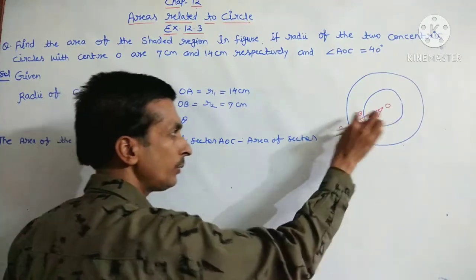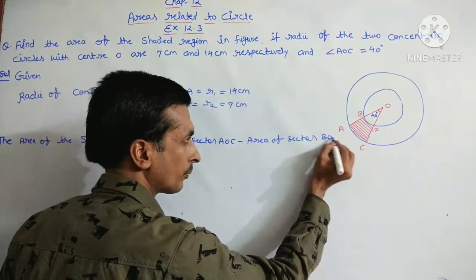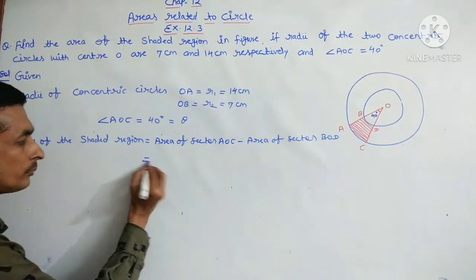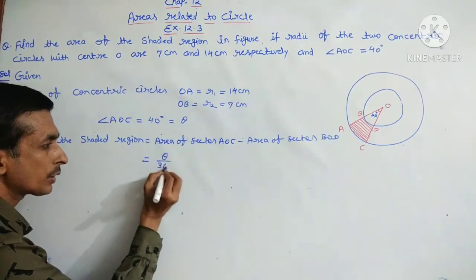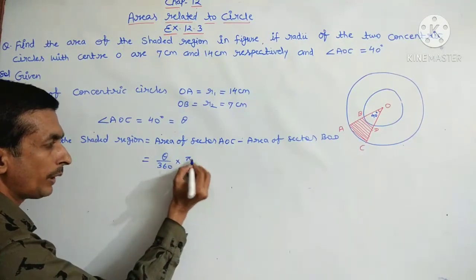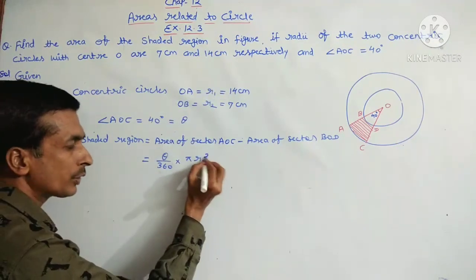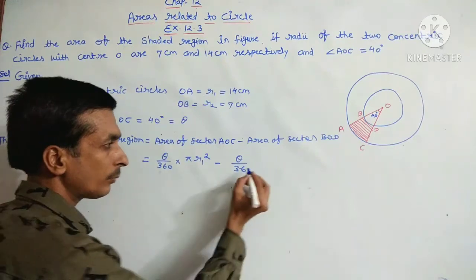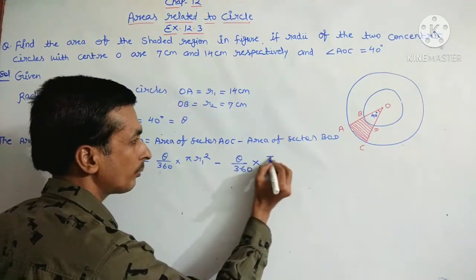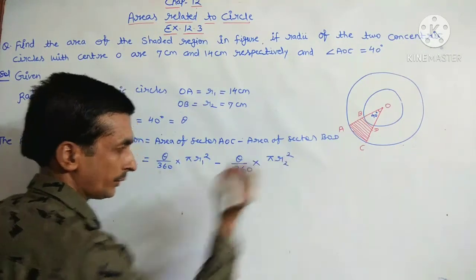The bigger one is AOC, minus the area of the smaller sector, this one, BOD. Put the formula: theta upon 360 times pi r square. The first radius is R1, so pi R1 square. Here it is a minus sign, minus theta upon 360 times pi R2 square.